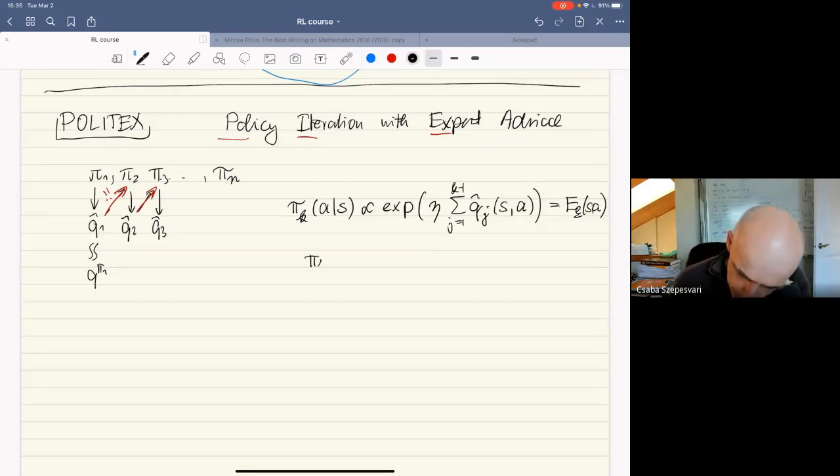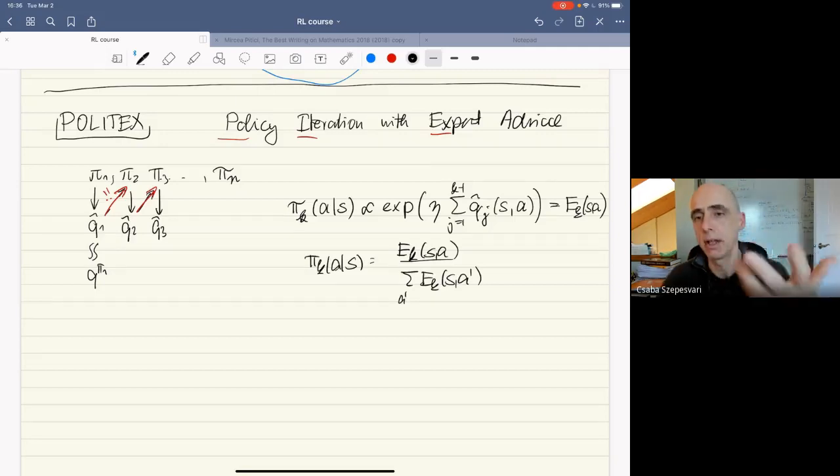Then pi_k(a|s) is simply this E_k(s,a) divided by the sum of E_k(s,a') over all a', all of the actions.